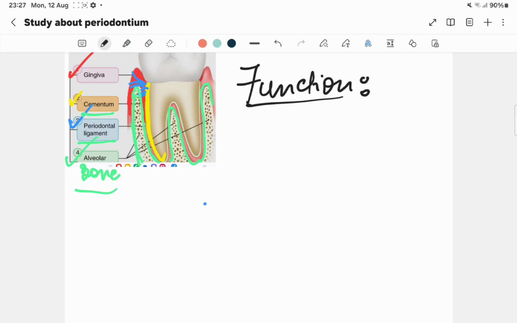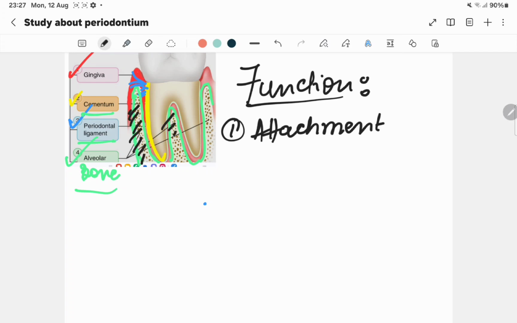So the first function is attachment. They attach the teeth to the bony housing, and they also attach teeth to one another. Imagine here if there's another tooth.